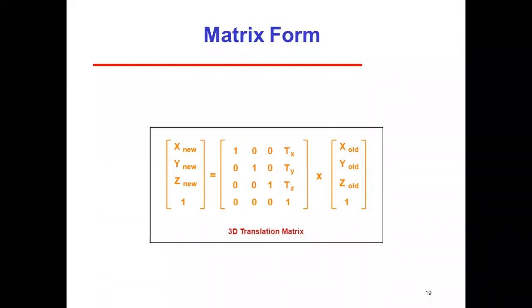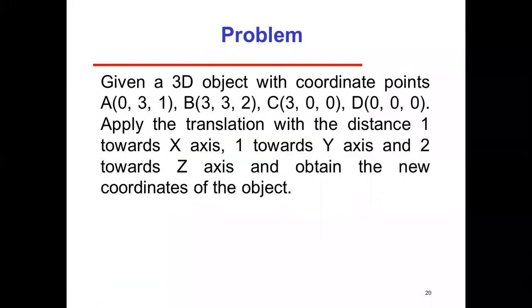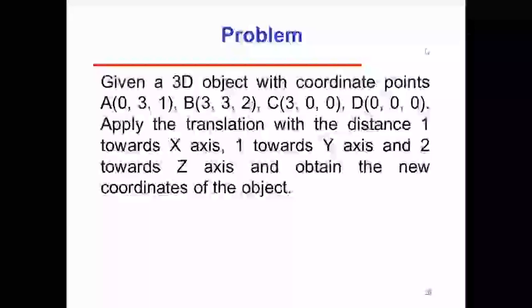Now there is one problem. Given a 3D object with coordinate points A (0, 3, 1), B (3, 3, 2), C, D, apply the translation with distance 1. So here Tx is equal to 1, Ty is equal to 1, Tz is equal to 2. So you already know the values of Tx, Ty, Tz.